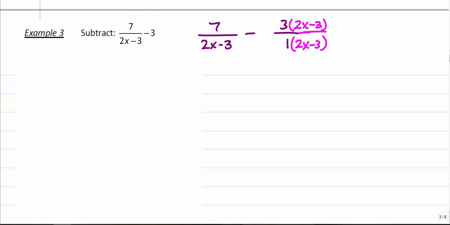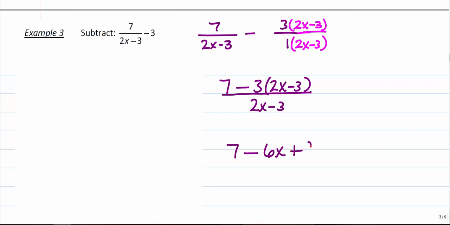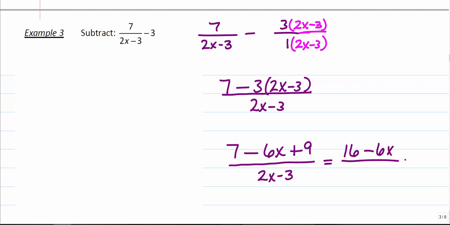So I end up with 7 minus 3 times 2x minus 3 all over 2x minus 3. So that would be 7 minus 6x plus 9 all over 2x minus 3. And so adding that together, that would be 16 minus 6x over 2x minus 3.